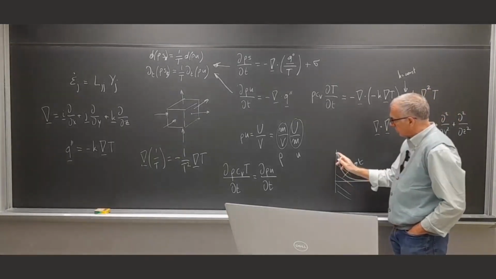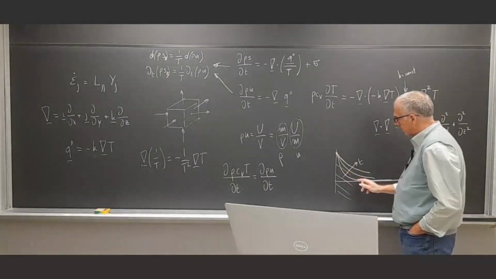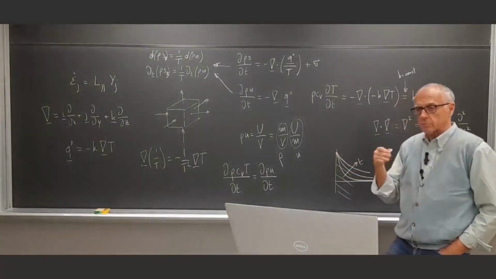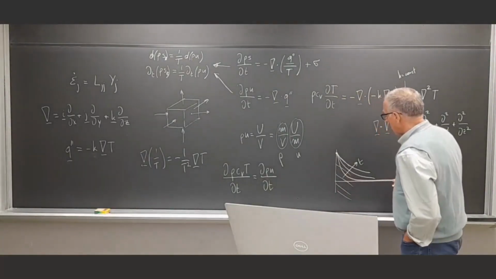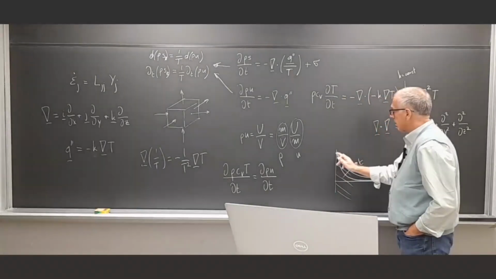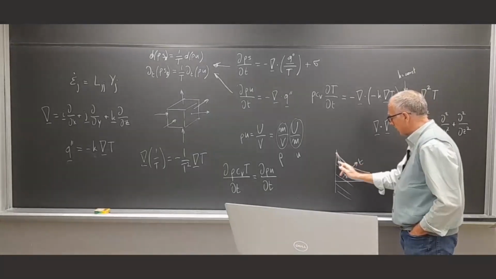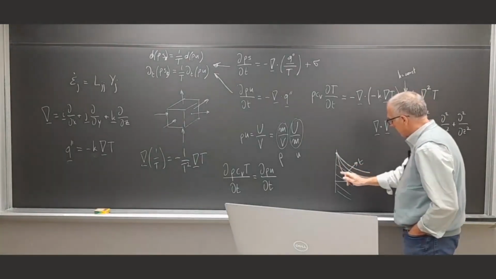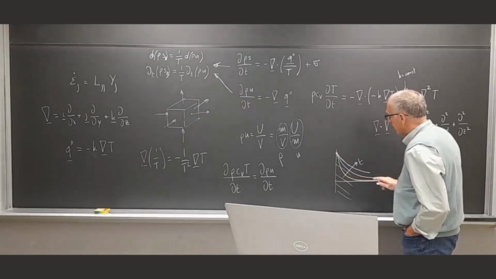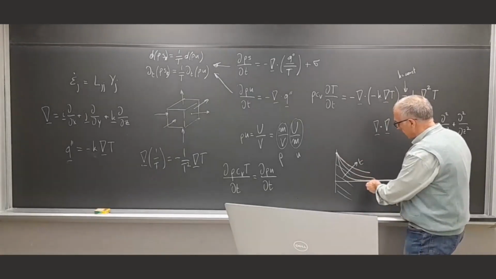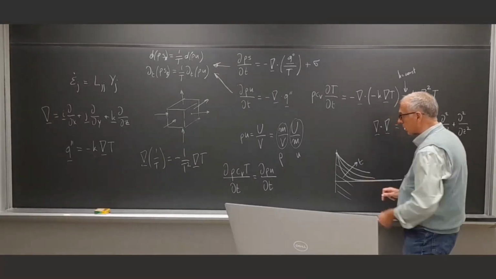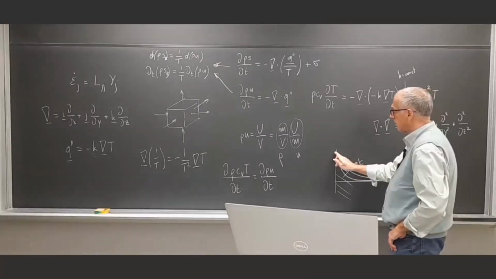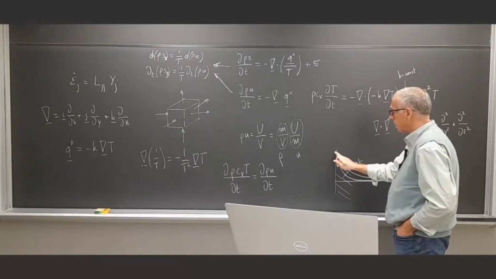But what is the problem? The non-physical problem is that already starting from time 0 plus, when the error function sets on, it turns out that since the error function is non-zero everywhere, maybe minute, you still have an infinite propagation rate of what you have done here, which is unphysical.